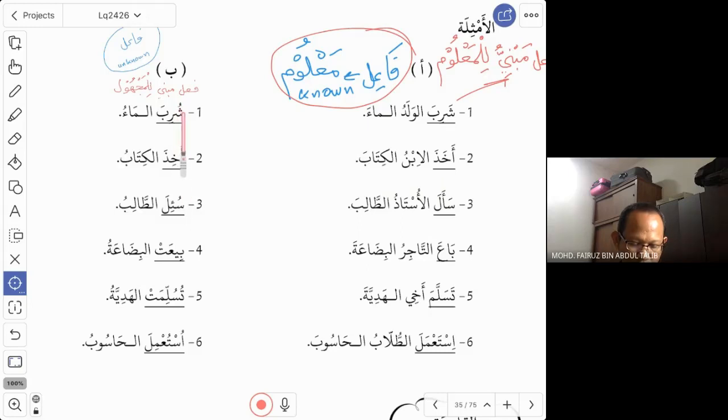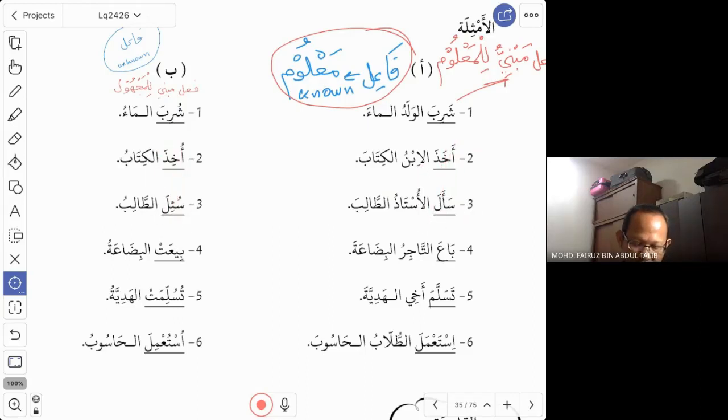Ukhiza, similar to shuriba. So now ukhiza is again a fi'il madi, but this is mabni lil majhul, and the meaning is changed. Was taken. So the book was taken. This is the mabni lil majhul from the fi'il akhadha.